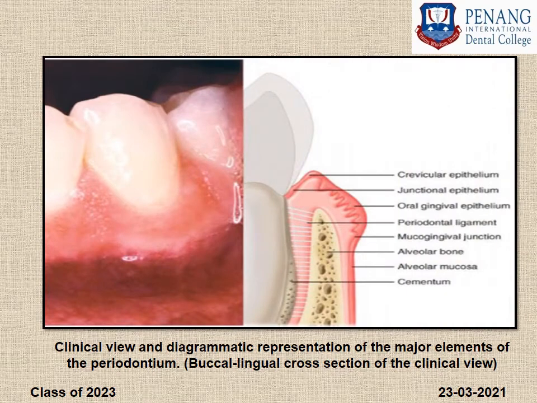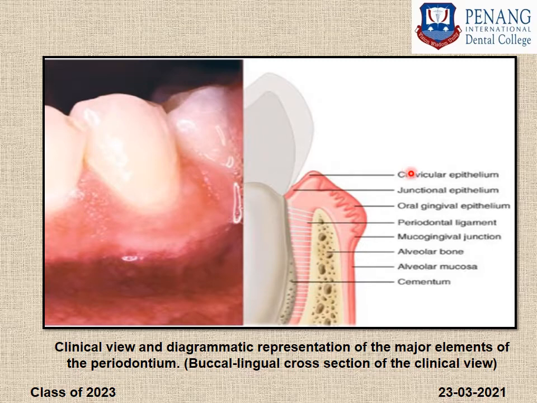So here you can see a diagrammatic view of the gingiva, wherein the area within your sulcus is called the sulcular epithelium, whereas the outer gingiva is known as your oral epithelium. Apart from that, the area which is attaching the whole gingival epithelial structure to the tooth is your junctional epithelium.